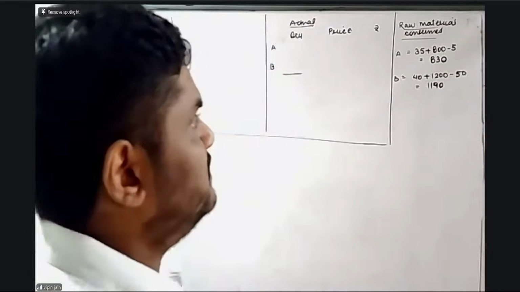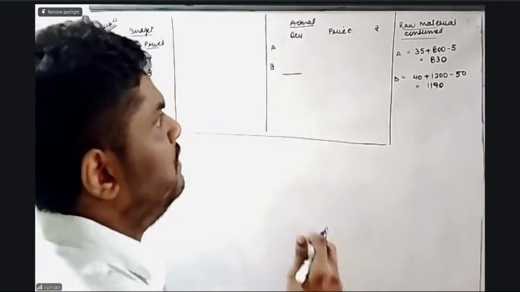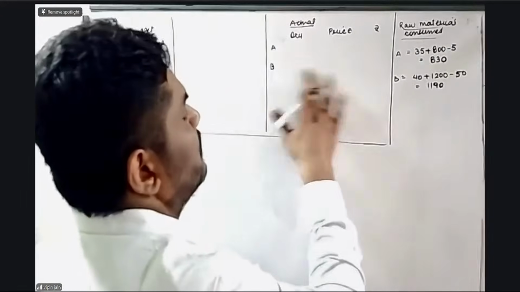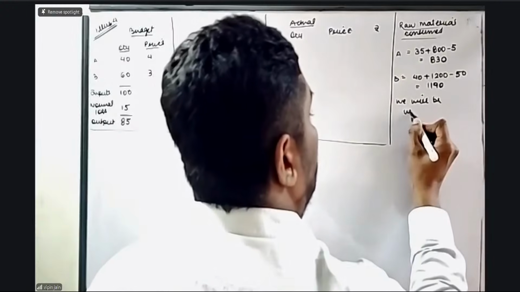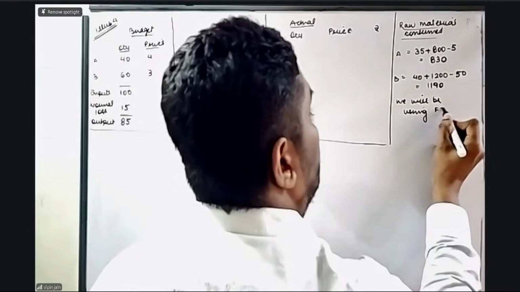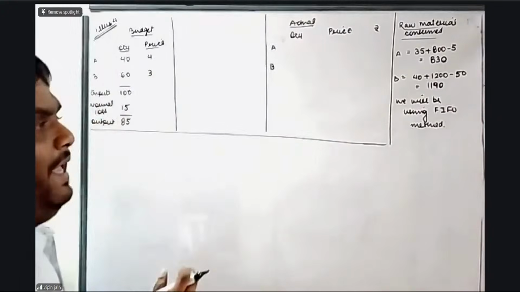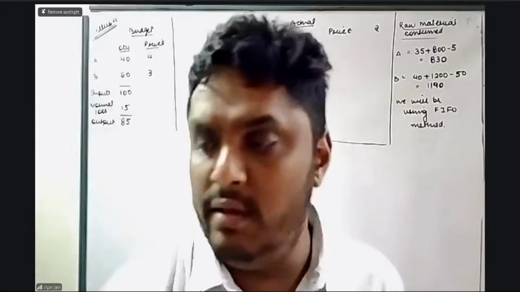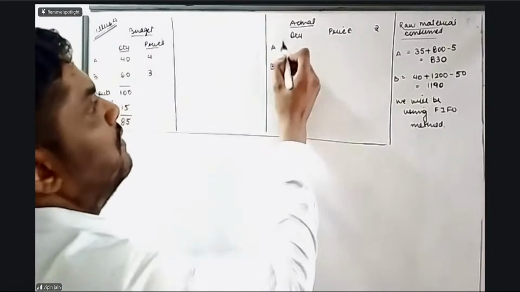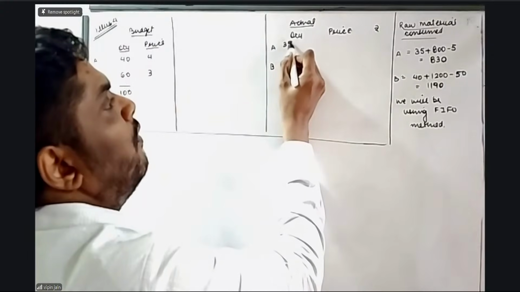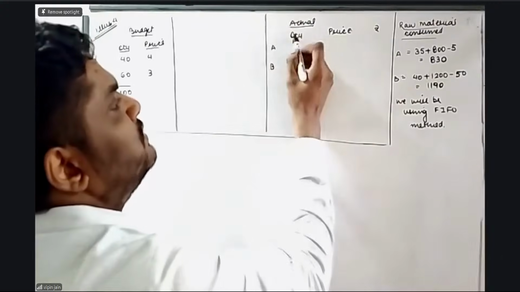Now let's put it in the master chart. We'll be using the FIFO method, that is first in, first out. So for A, very simple, the raw material consumed is 830, of which 35 will be consumed from the opening stock.